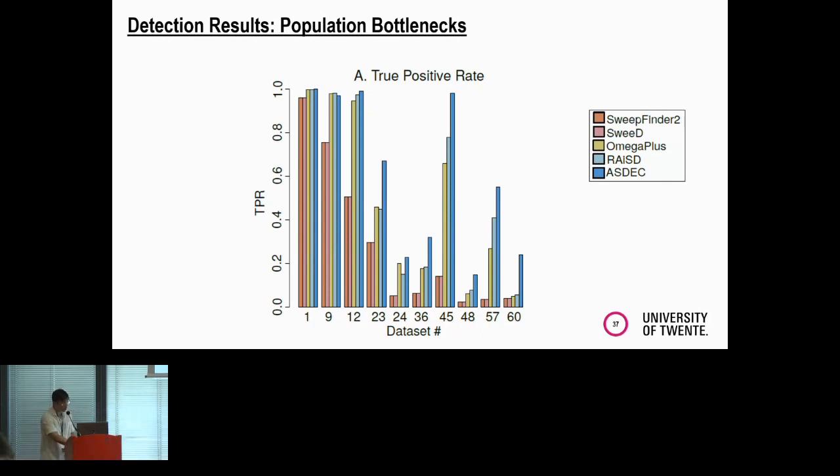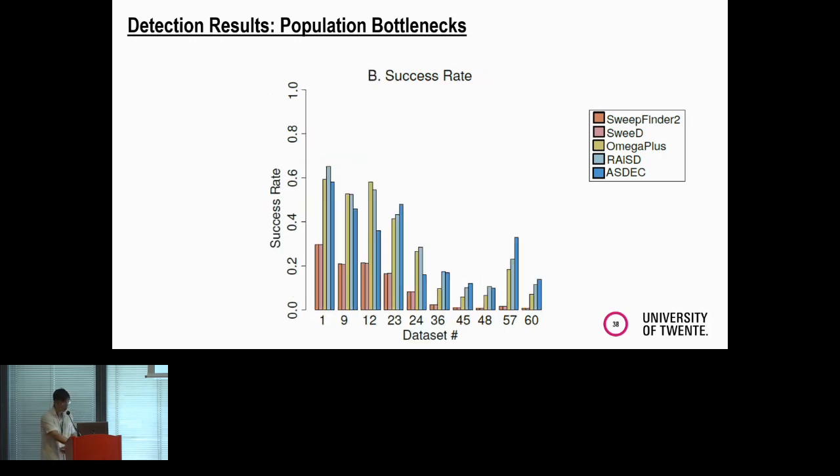We could observe that SDAC almost outperformed other tools for all the data sites, especially for some data sets of severe bottlenecks, where it has higher performance than others. And for the results of the success rate, here the y-axis represents the success rate, while the x-axis represents the data set.